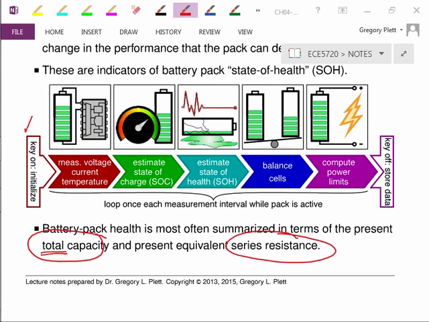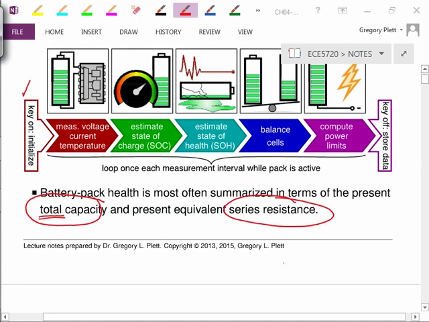The other is the series resistance, and you know from our model that there are a number of resistances present. So we have a voltage source, we might have a hysteresis element, we have maybe some resistor-capacitor networks in our model, and then a series resistance R0.